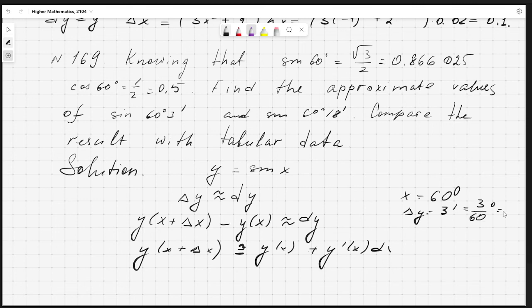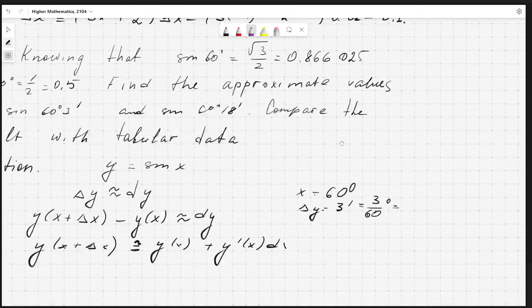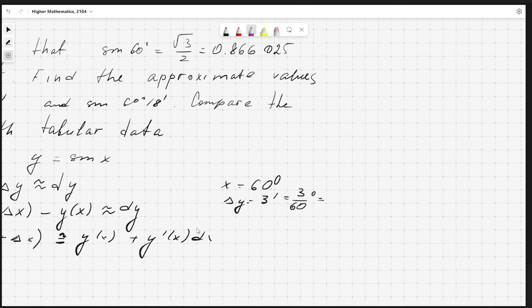or 3 over 60 degrees times pi over 180 radians.